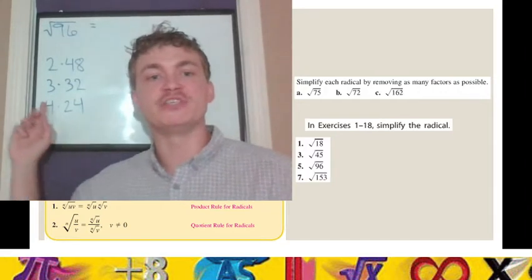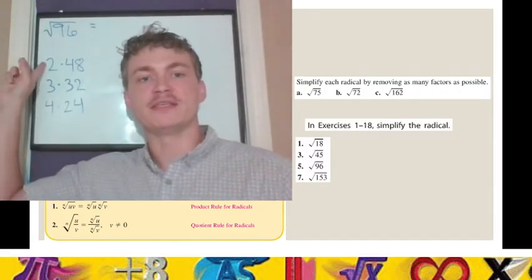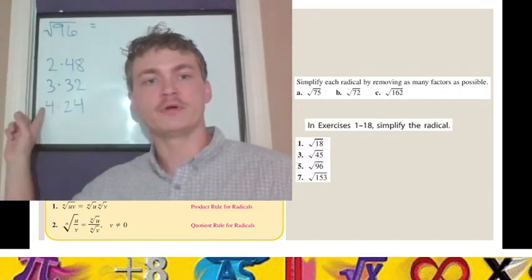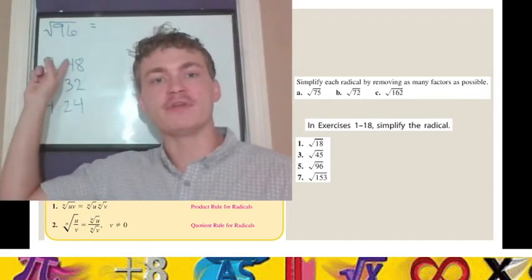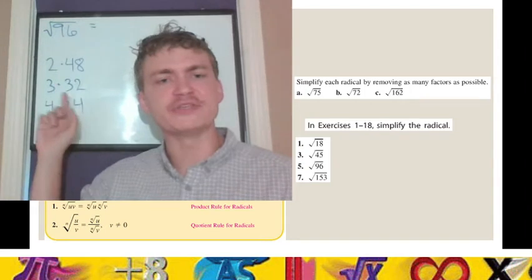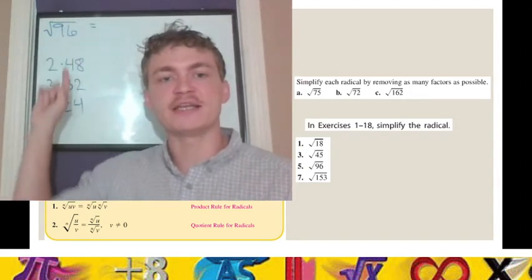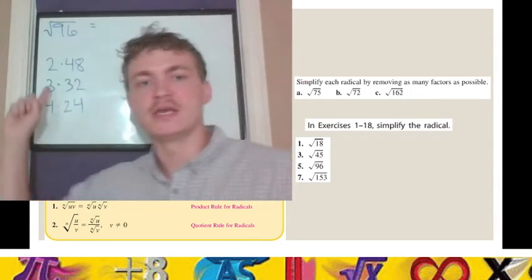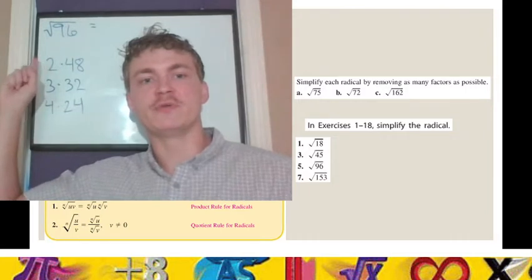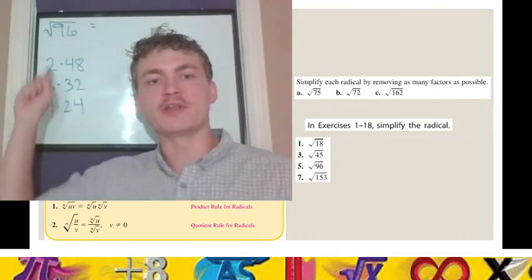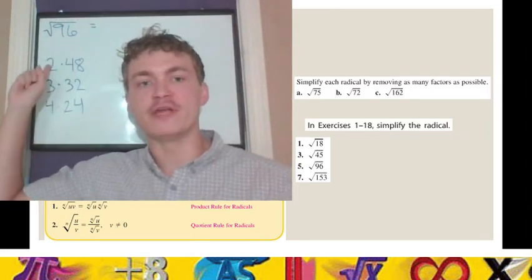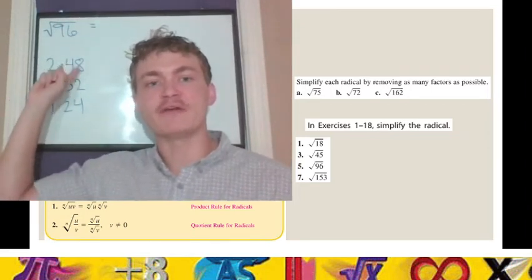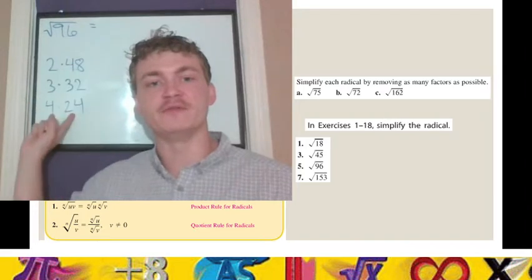Notice how you can get this relationship here. Going from 2 to 4, we're doubling the 2, and we're halving the 48 to get 24. Is that not interesting, that this is going to give us 96, this is going to give us 96, because a factor of 2 multiplies the 4, but where did that factor of 2 come from? It came from the 48. So if we move a factor of 2 over here to get 4, then we have to take away a factor of 2. 48 divided by 2 is 24.